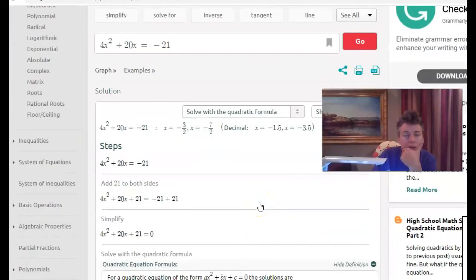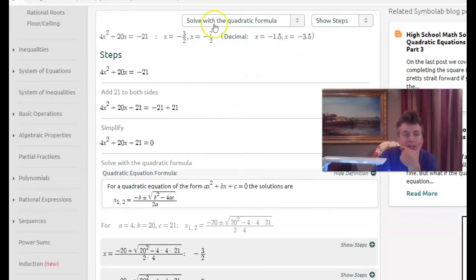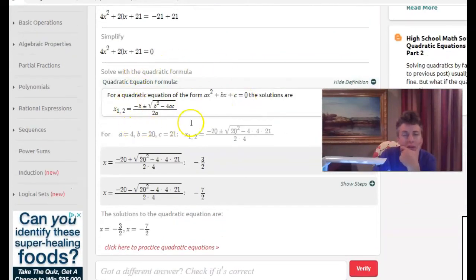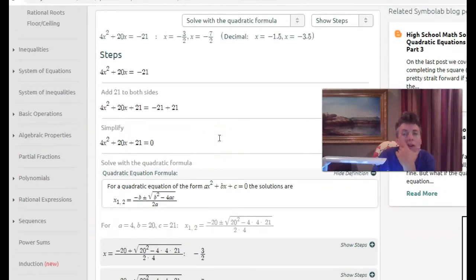Okay, cool beans. Lots of answers, work going on. They're using the quadratic formula. Cool, and the second says it's reasonable. Got it. Okay, so here's our answers, negative 1.5 and negative 3.5.